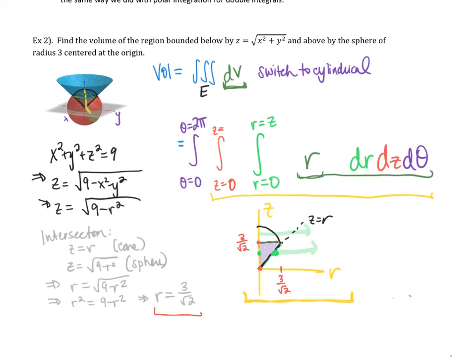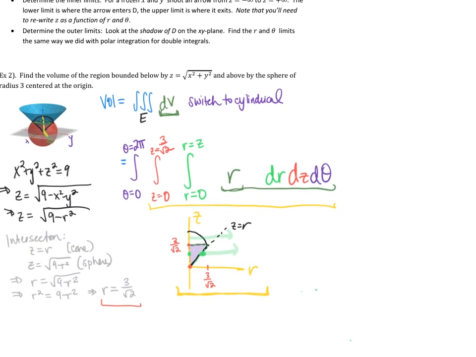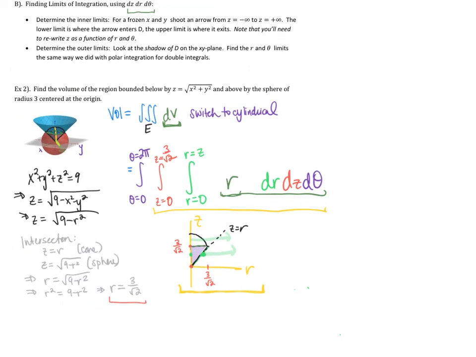So that will be my upper bound for z, just for that region. But now we notice, oh wait, we're going to need 2 triple integrals, because this whole first setup just worked for that purple part. Now I need to take into account the actual ice cream part. So let's go ahead and put it on pause and see if you can figure out what the integral will be for that part.